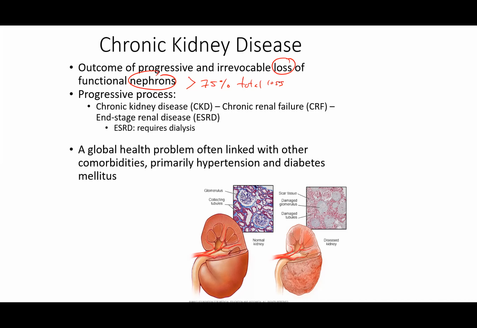And then typically a person has to have this for 3 months or longer. Once they have the 75% loss of nephrons and they've had it at least 3 months, they get put into CKD, which is chronic kidney disease, and there are 5 stages, stage 1 through 5.